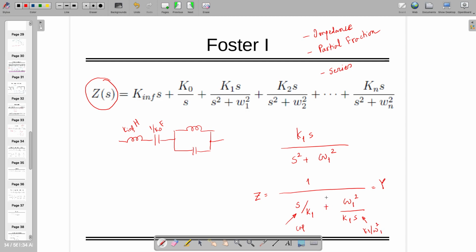Both the things are actually added, so both have to be shunt in the case of admittance. So I am going to keep this here with this value K1 by omega 1 square and 1 by K1 farad Henry, right?